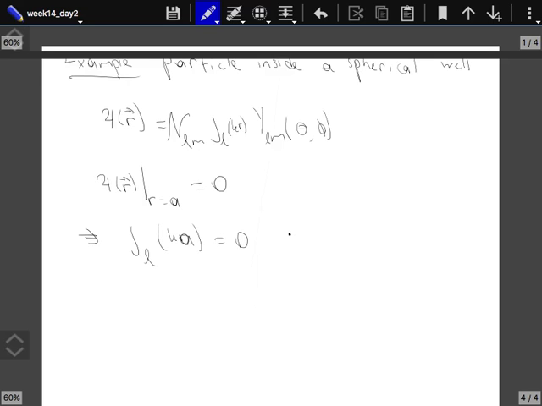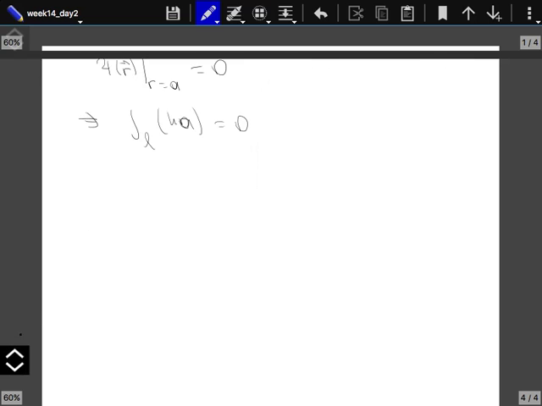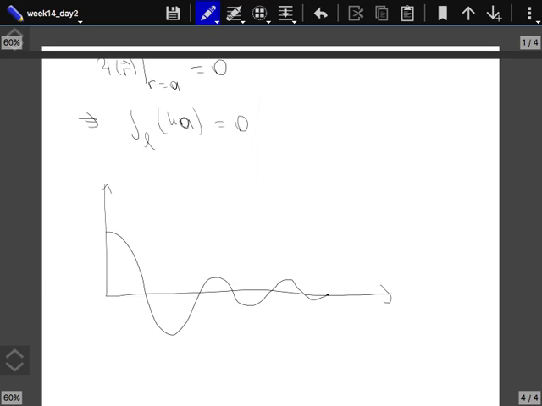Well, the Bessel functions will look like this. The l equal to 0 has a finite value at r equal to 0, and it just oscillates with a diminishing amplitude. This is l equal to 0.